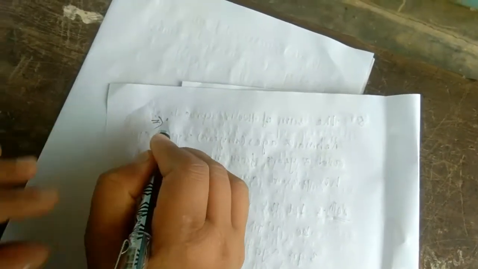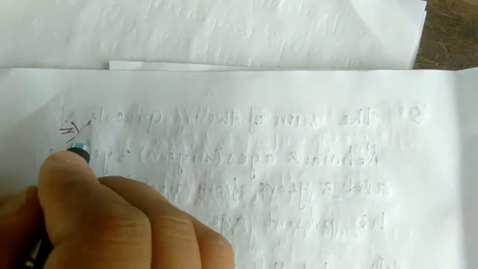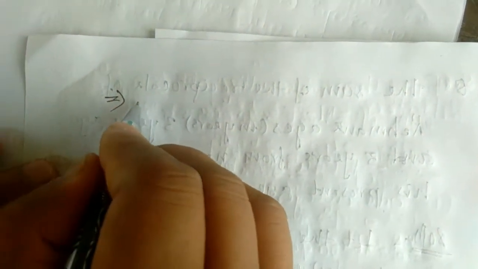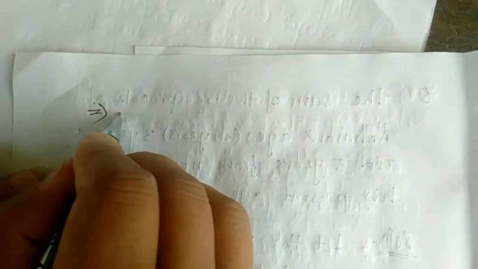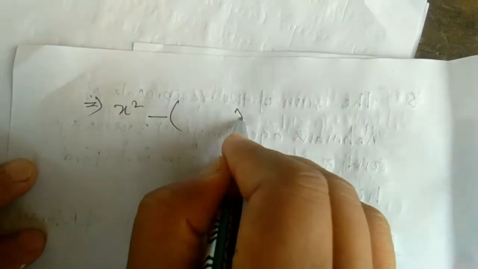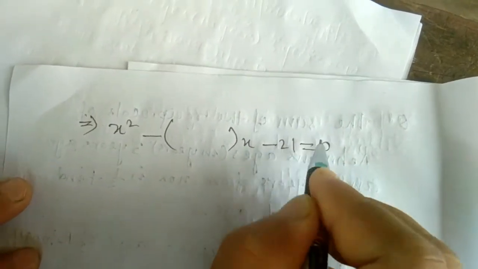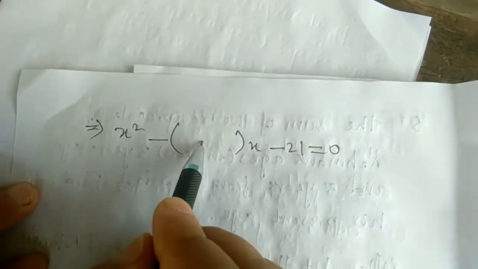To solve this, we can apply the middle term formula or the quadratic formula. Let me apply middle term factorization here. x square minus 4x minus 21 equal to 0. Here the sign is negative, so we put a negative sign.